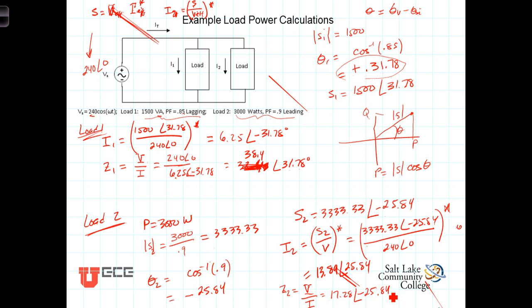And once again, we see that the angle of the impedance is the power factor angle.